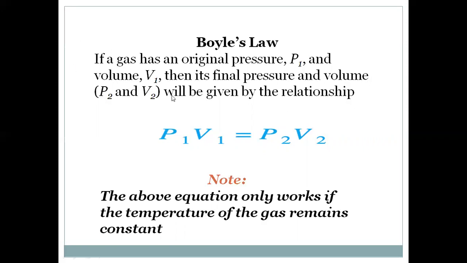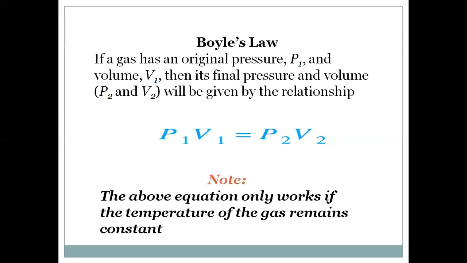So this is Boyle's law. The product of the pressure and volume before is equal to the product of the pressure and volume after the change. So P1 times V1 is equal to P2 times V2.